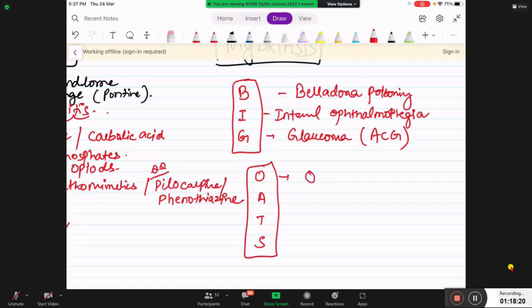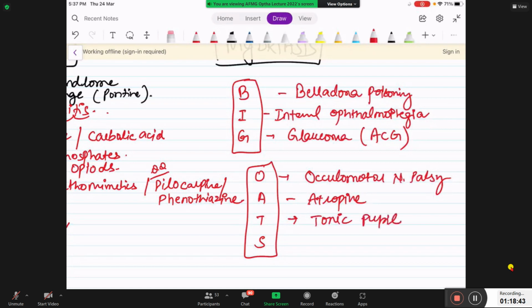Now coming to OATS. O stands for oculomotor nerve palsy. A stands for atropine. T stands for tonic pupil. And S stands for sympathomimetics. Here you have to remember atropine.